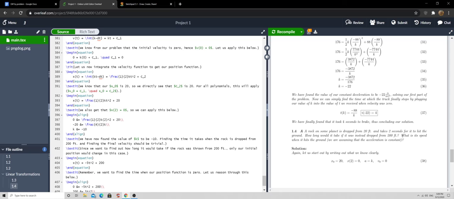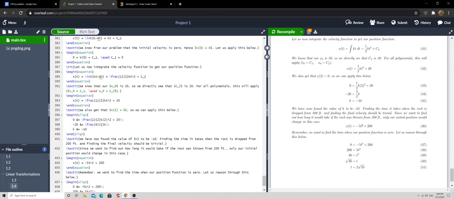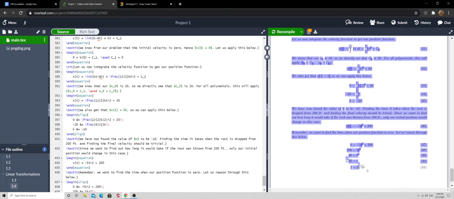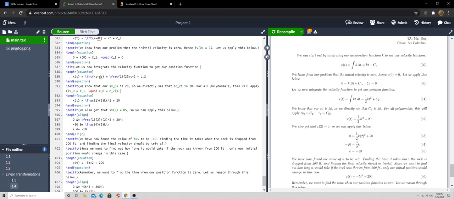So it says what is its speed when it hits the ground. So we can use our velocity function. And when it hits the ground, okay. So we just want to set our original position function to 0. Right? And then we just get 4 times square root of 5, I think, for our time when it hits the ground. Oh, sorry, no, that's the wrong one.